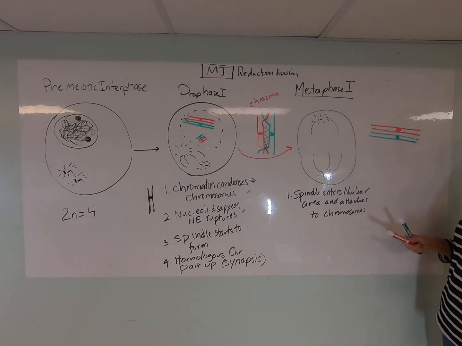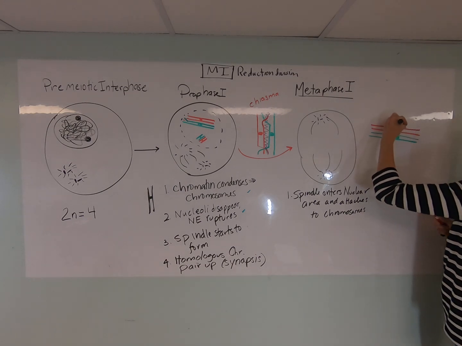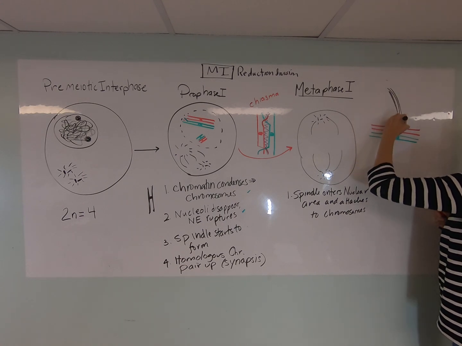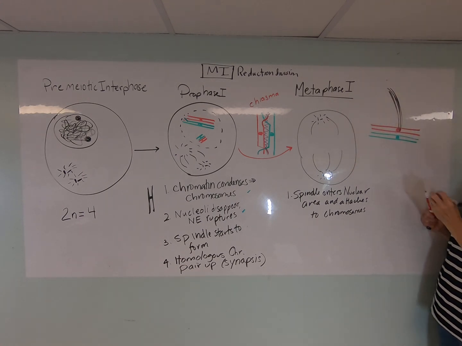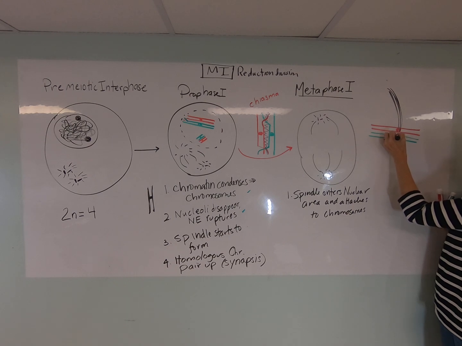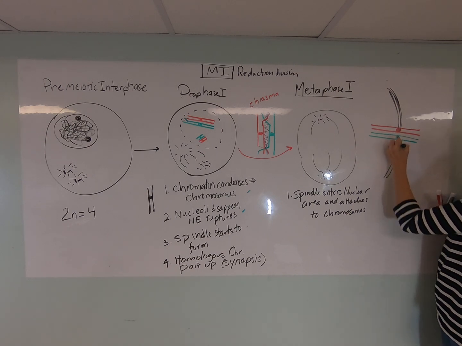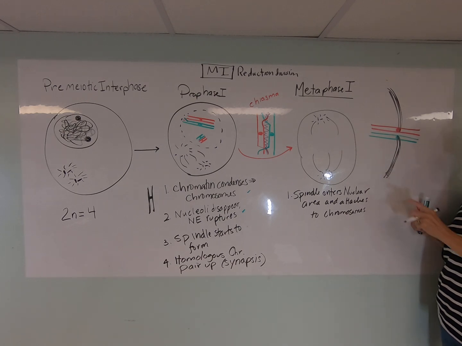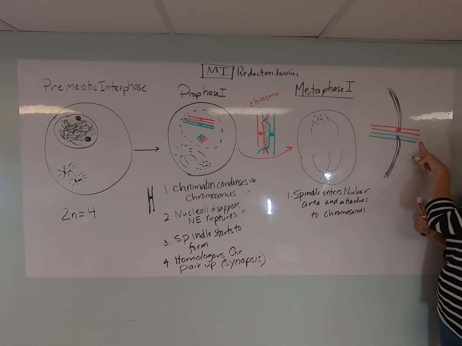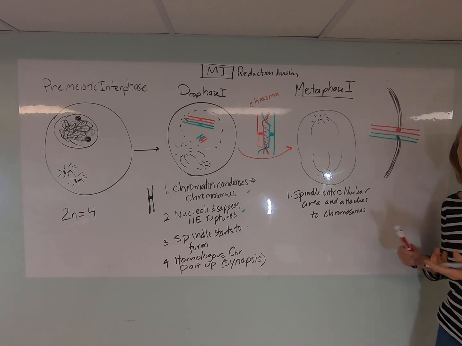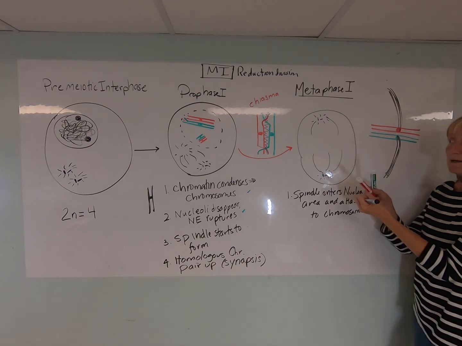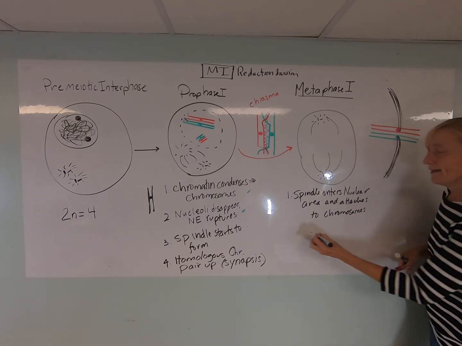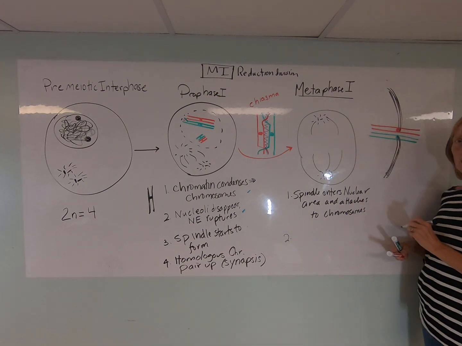What happens with a spindle is that spindle fibers attach to one of the homologs, both sister chromatids of it, from one pole, and spindle fibers from the other pole attach to the other homolog. Because what's going to happen to these chromosomes eventually is the homologous chromosomes are going to separate from each other, right?